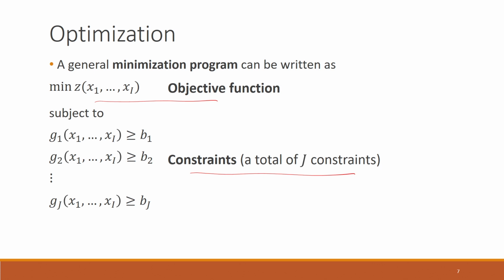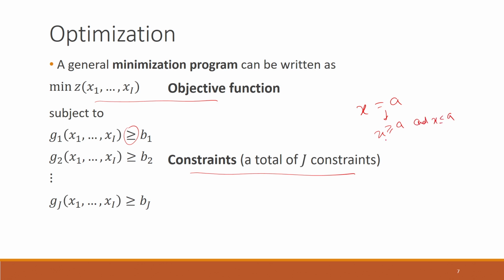Now you must be wondering why we just have these kind of constraints where we have greater than or equal to. The reason is that we can convert other types of constraints also to this form. For example, suppose you have an equality constraint, x is equal to a. Then this is equivalent to saying that x is greater than or equal to a and x is less than or equal to a.